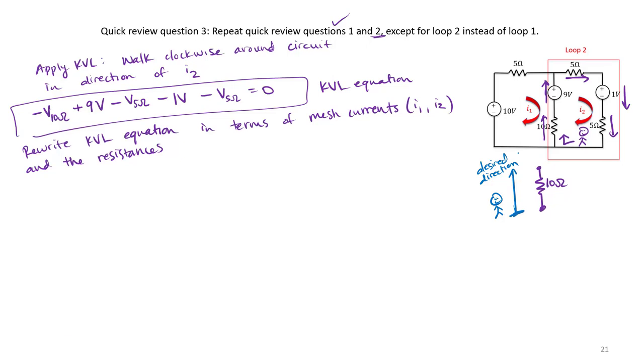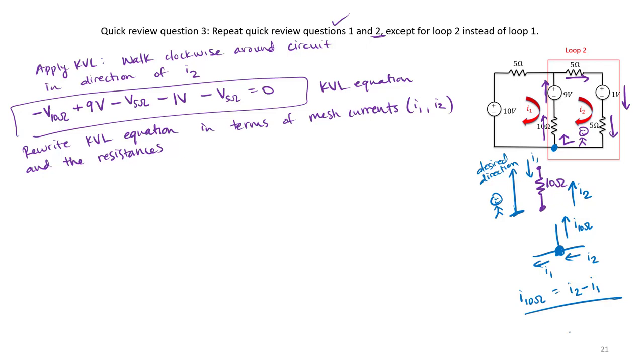So in this case, I have current I2 pushing me upward. I have current I1 pushing me downward. Another way of writing this is to assume I have some current I10 ohms exiting my node, but I have I2 entering my node, I1 leaving my node. So basically, by performing this analysis, we can determine that the current across our 10 ohm resistor must be equal to I2 minus I1.